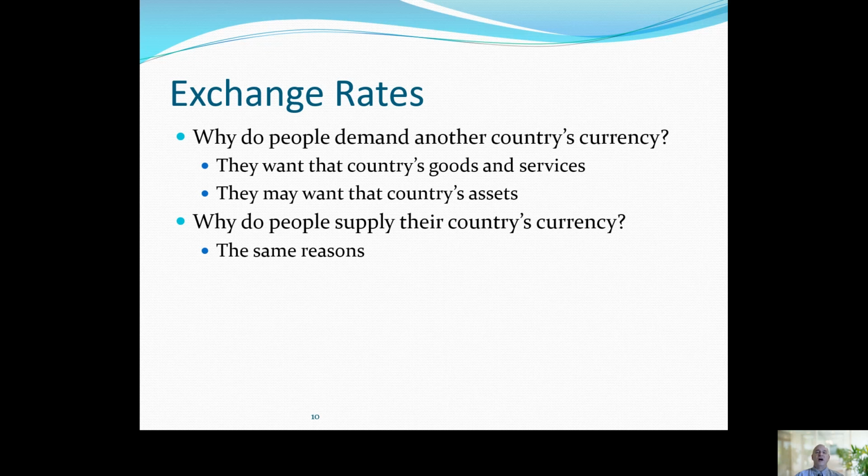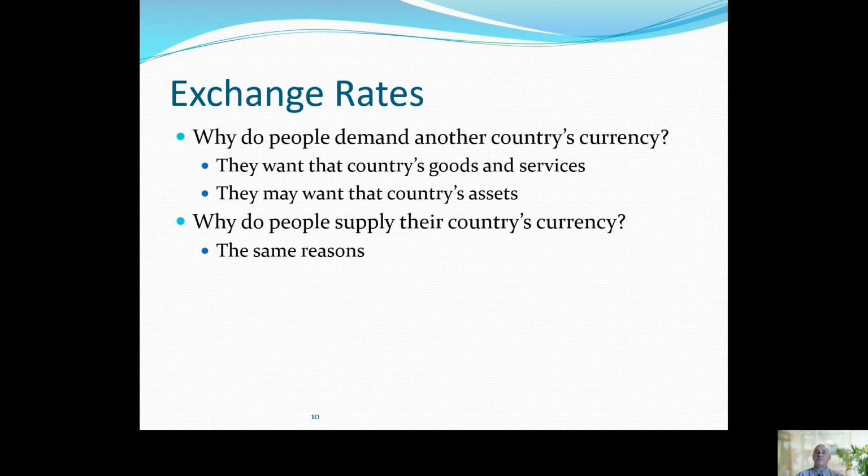In order to buy shares of stock in a British company, we're going to have to somehow exchange US dollars for British pounds. And so these are reasons that we demand another country's currency, and people are supplying their currency for the same reason.